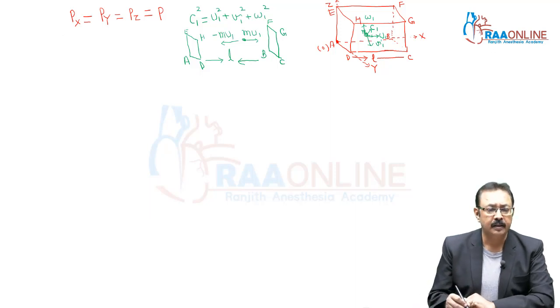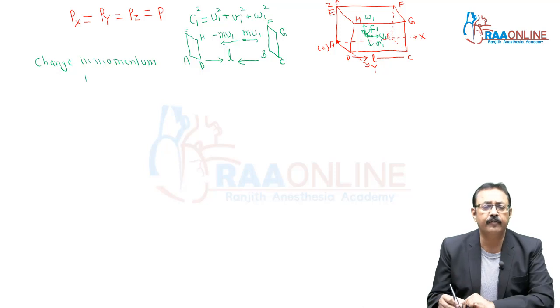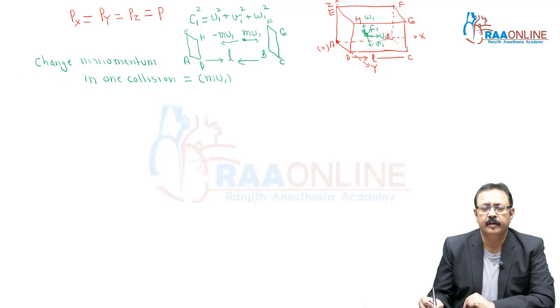So the change in momentum in one collision is mu1 minus (minus mu1).